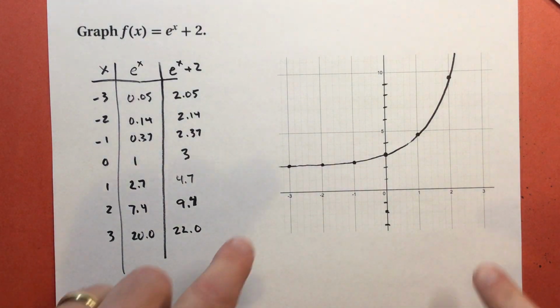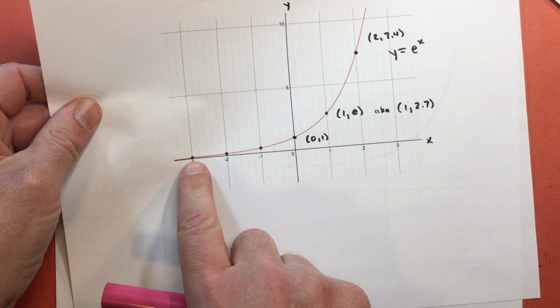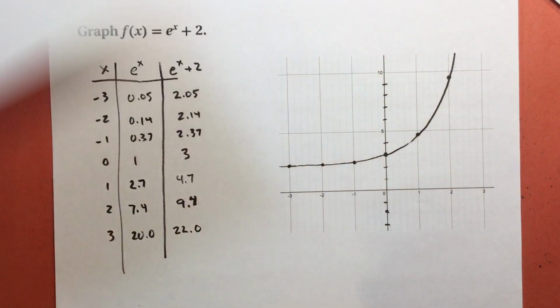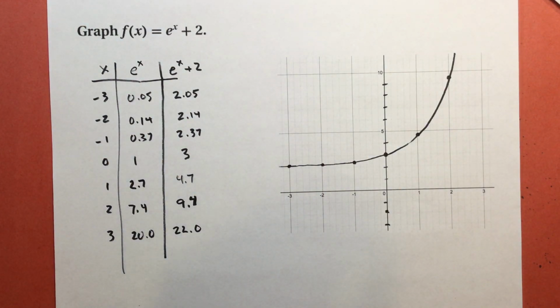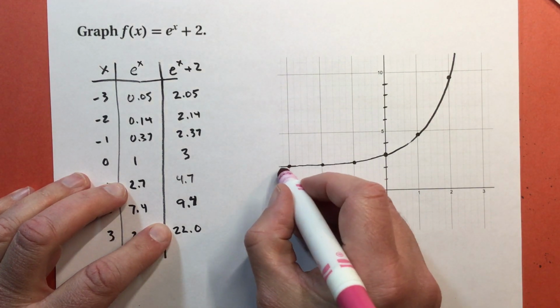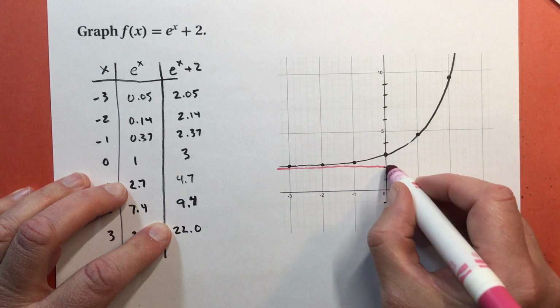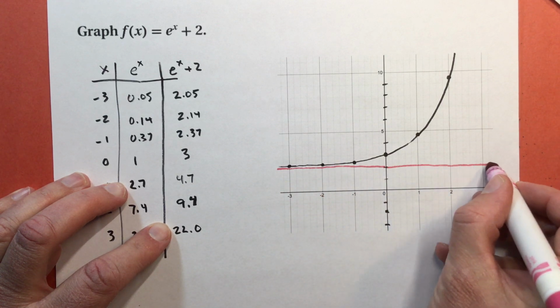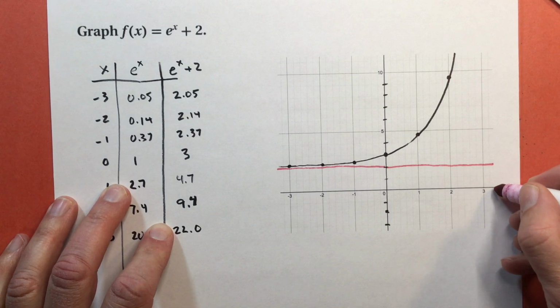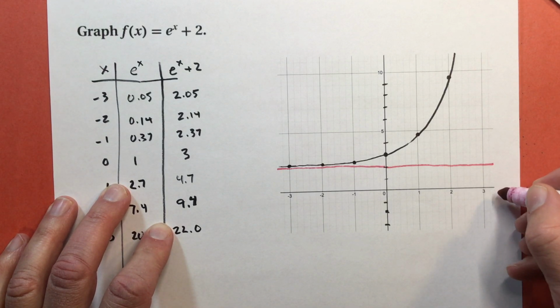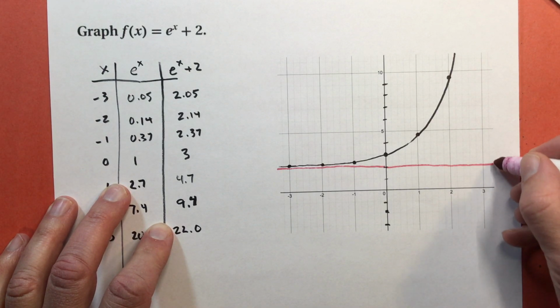Not only that, but let me go back to this one. How this graph never touches the x-axis, well, even that part moved up 2. This is not part of the graph, but the x-axis doesn't move, but the important part about the x-axis moved up.